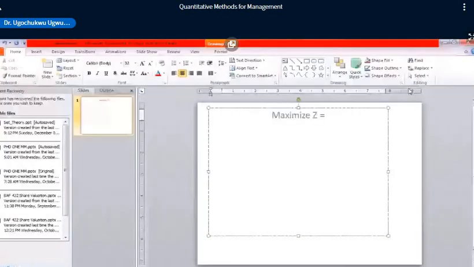One or two explanations. Now, in linear programming, like I've said, we have three key equations. First, we have what we call the objective function. And then we have what we call constraints.